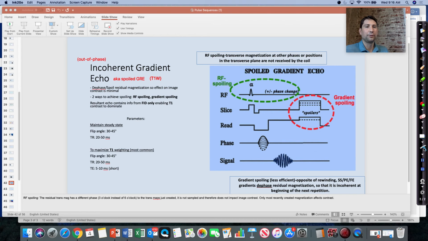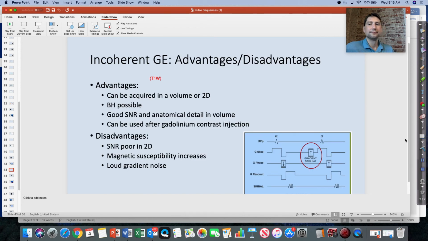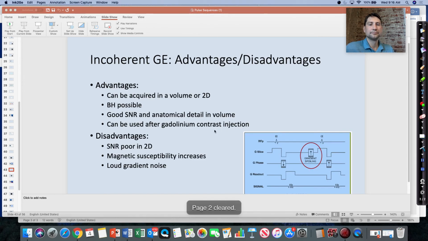So we're in spoiled gradient echo, we're further dephasing that residual transverse magnetization. Some advantages, once again, we can do breath holds. We can acquire it in a volume acquisition or 2D.